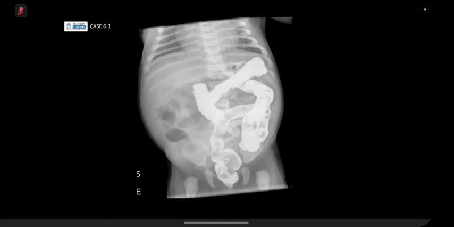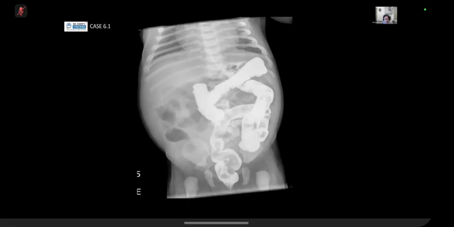I feel like there might be a few filling defects within the large bowel, and I'm worried that the patient might have meconium plug syndrome. So I would review the patient's history and see if the clinicians were worried about that. And if they were, this is possibly the cause for the patient's symptoms. And I guess the contrast study itself can be therapeutic and can help resolve the obstruction.